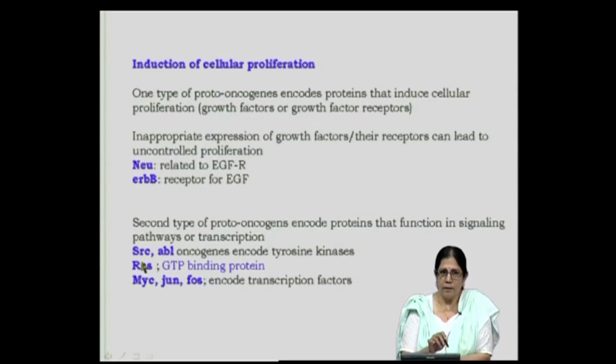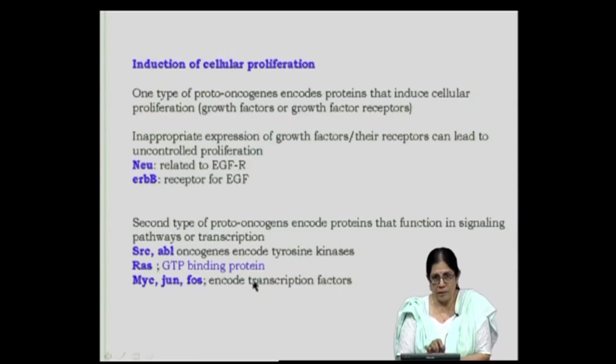SRC, again something that you remember, are proteins which are absolutely required for signaling in B cells and T cells. So, SRC and Abelson, these oncogenes encode tyrosine kinases which are required for signaling.